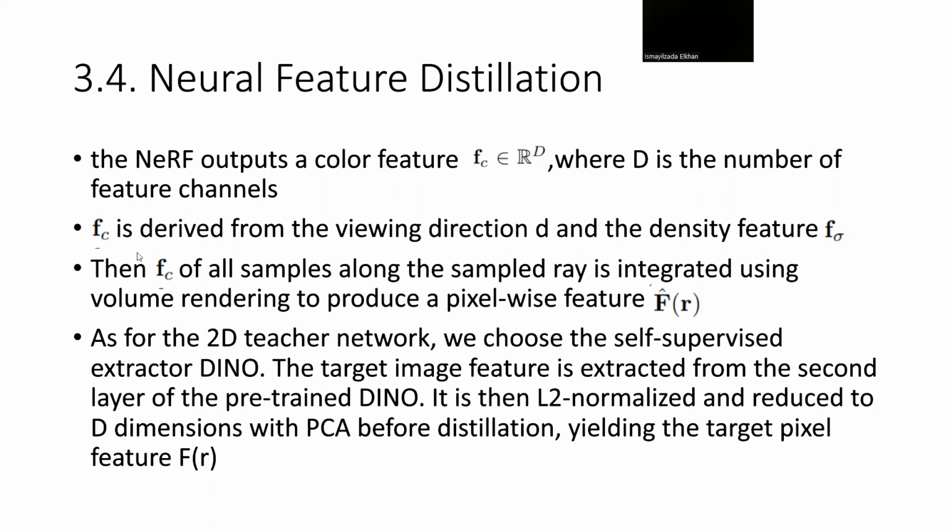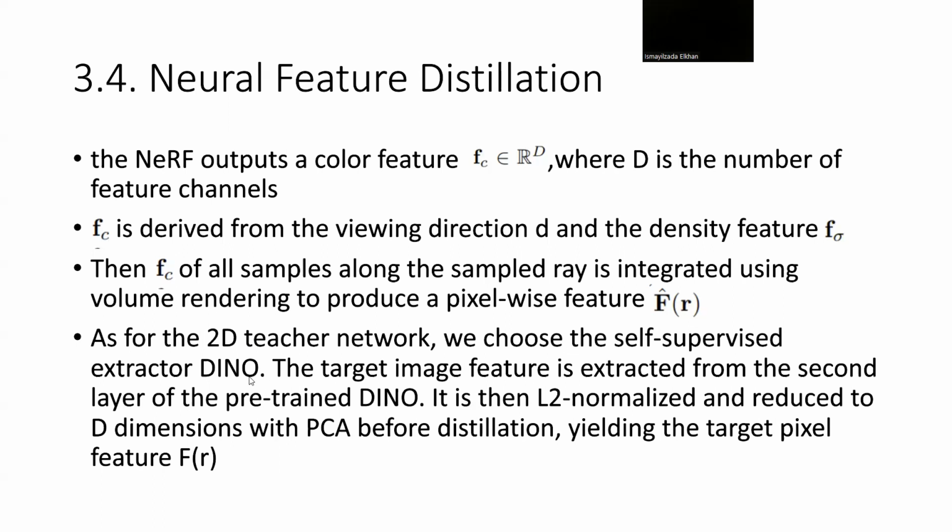NeRF first generates this FC along query points of a particular ray, and then you apply volume rendering again on top of it to get this f hat R, which you can say is the expected value of this FC. The way you get the ground truth value for this FC is you use a pre-trained 2D network that takes as input the training image for that particular viewing angle.